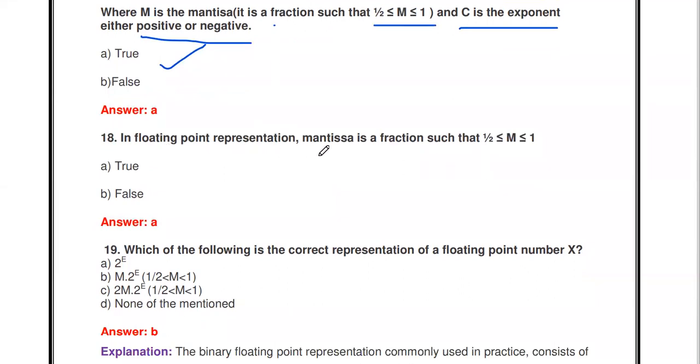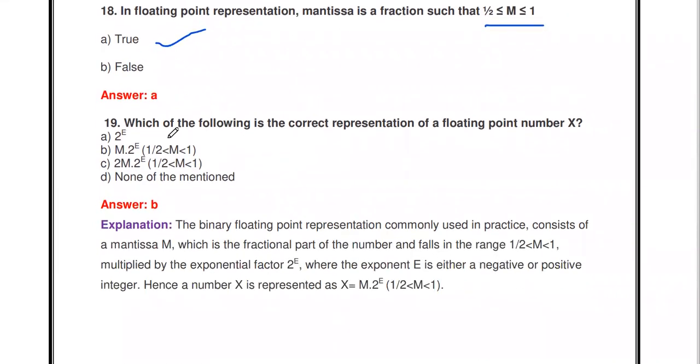Then which of the following is the correct representation of floating point number x? The floating point number is represented by mantissa into 2 to the power exponent, where m is between 1 by 2 and 1.